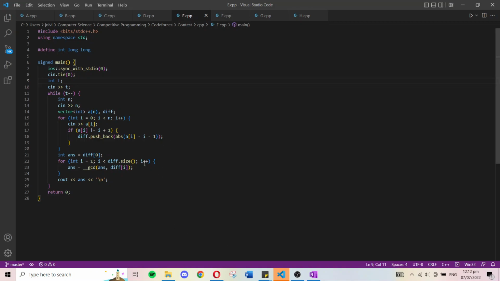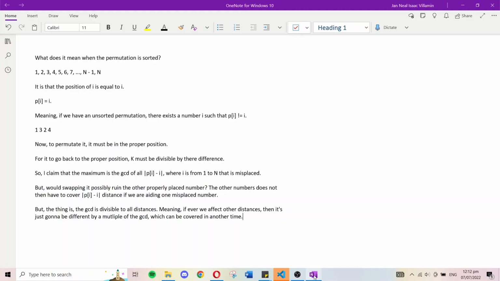And how do we do that? Well, what I did was I stored all of the differences, ai minus i minus 1, in an array. Then, in order to take the GCD of a whole array, first you take the first element, and then you take the GCD of the answer with all of the elements. Why is this true?